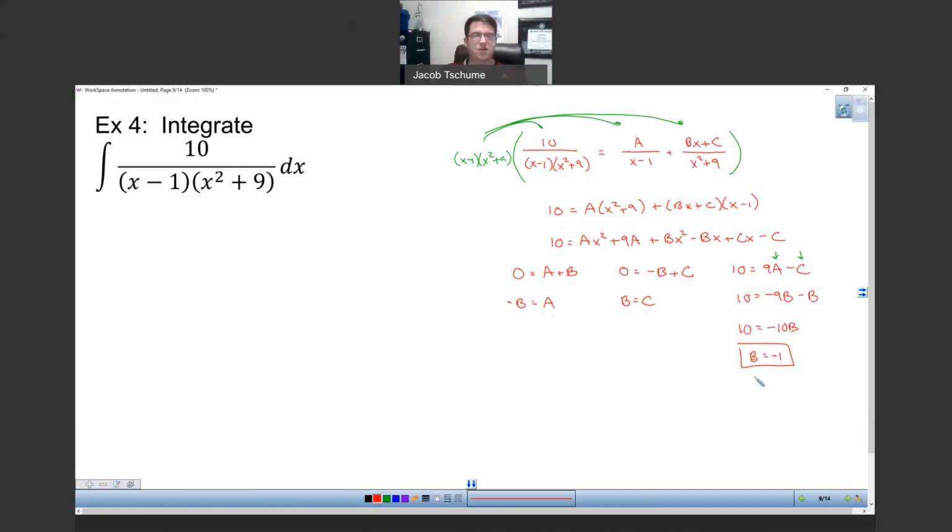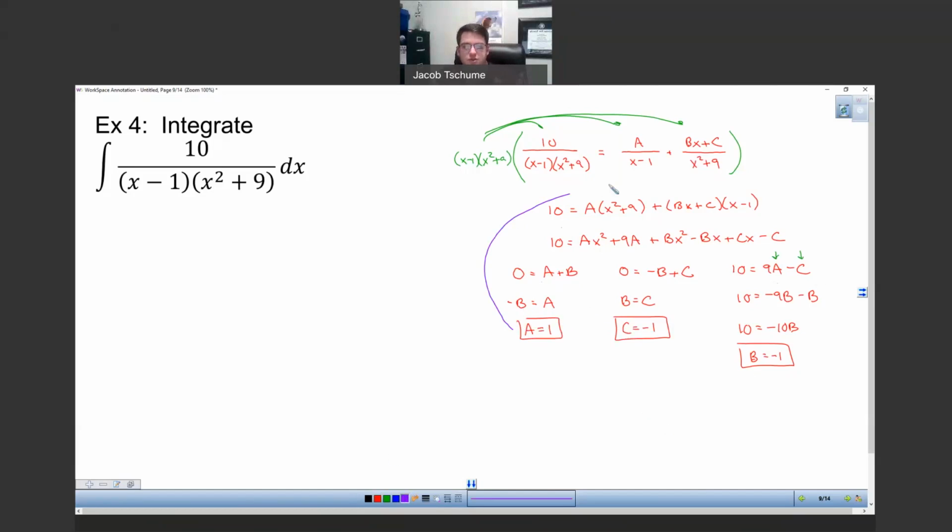Use that B value to help you get A and C solved for. So since A is the opposite of B and B is negative 1, that means A has to equal positive 1. And since B and C are the same thing, I can see that C has to also be negative 1. All right, so we did all the hard work now.